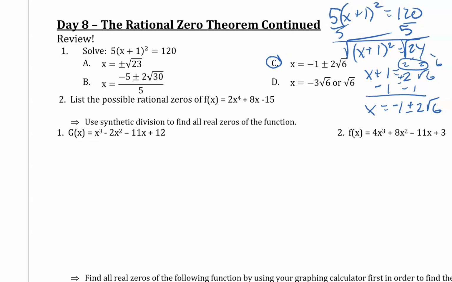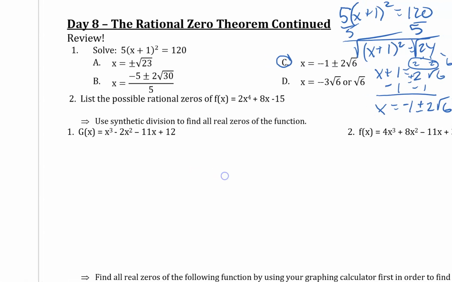Finding possible rational zeros. Again, number 2, we're going to have to factor this. So we have negative 30 and 8. We need two numbers that multiply together to make negative 30, but add together to make positive 8. If it's factorable.